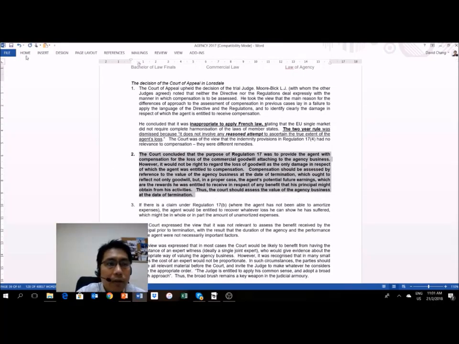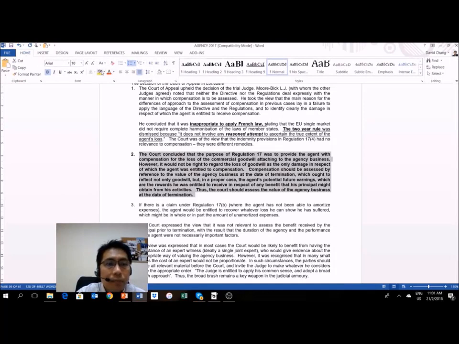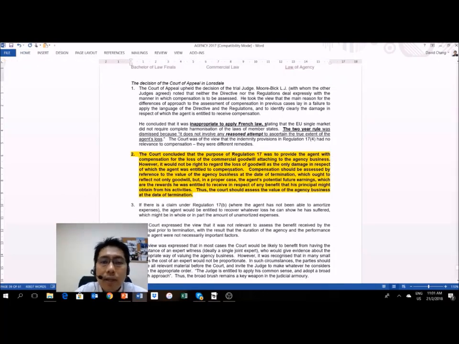I highlight this now in its entirety, where the court said that the purpose of Regulation 17 was to provide the agent with compensation for loss, but the loss is not the loss he suffers, but rather loss of the commercial goodwill attaching to the agency business.